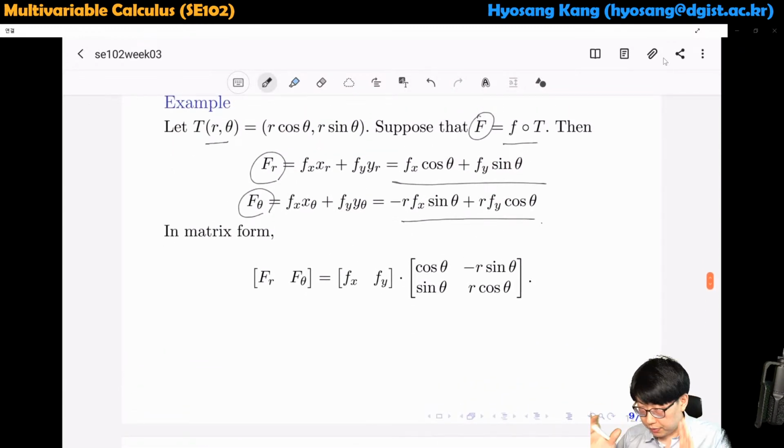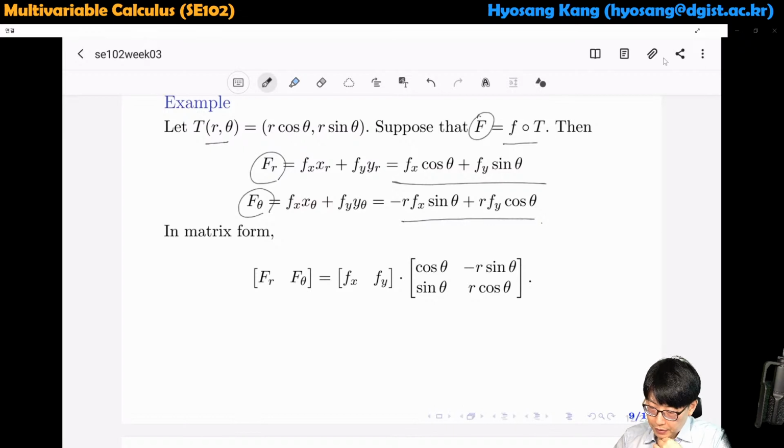Even though you might not fully understand what I said about the chain rule, you must understand right now how to take the partial derivative of a composition of two functions. So this is one example, the most famous example that you're going to use many times later in the course.